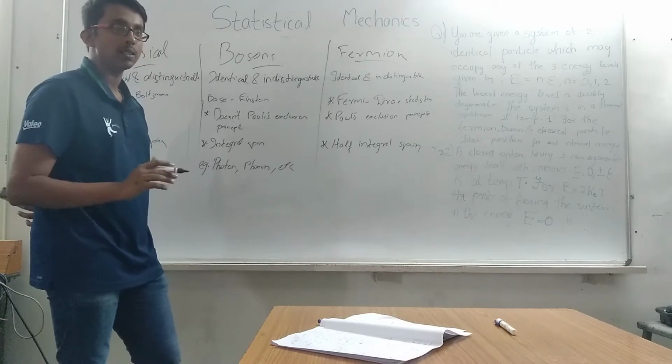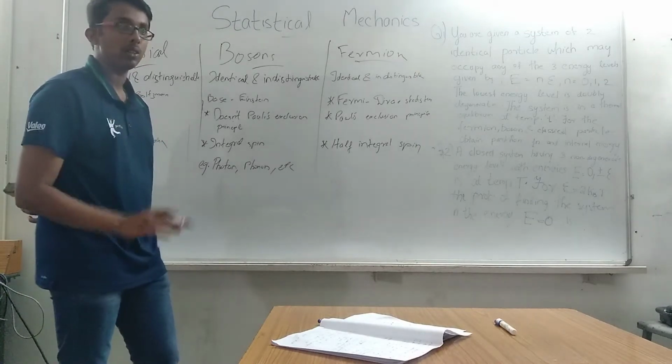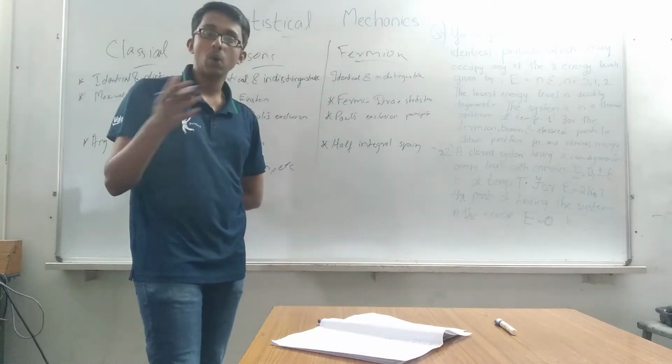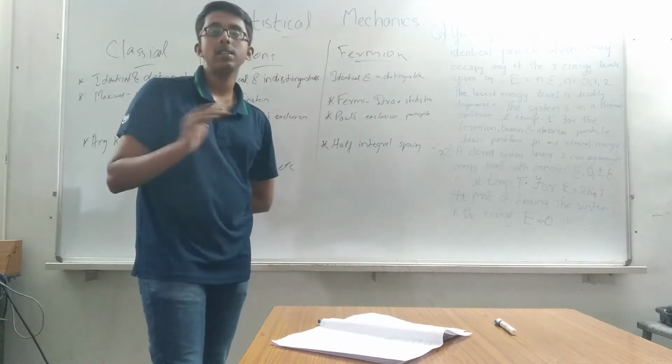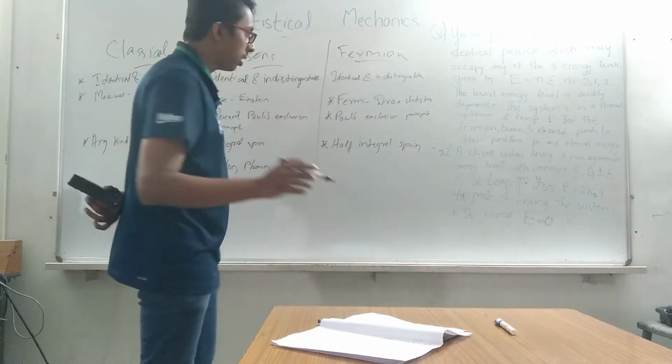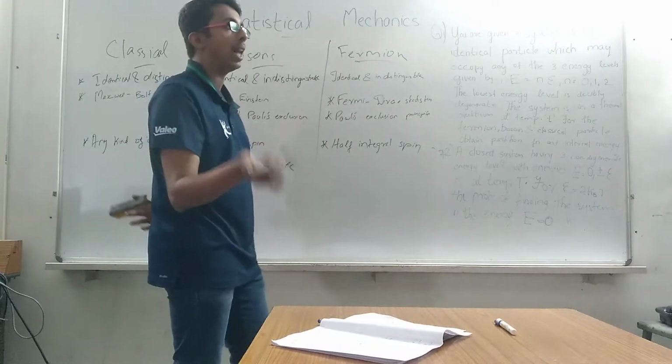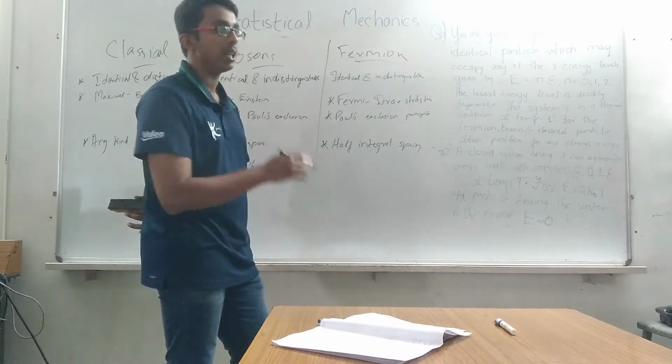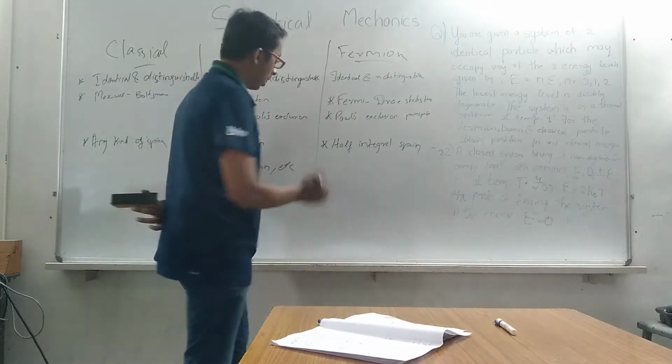And fermions. The fermionic particles are the fundamental particles. We know that the fundamental particles like quarks, electrons are known as the fermions. But these particles do not allow another identical particle to be in a particular energy level.